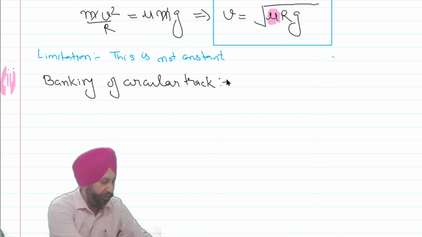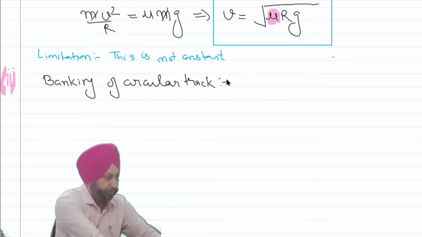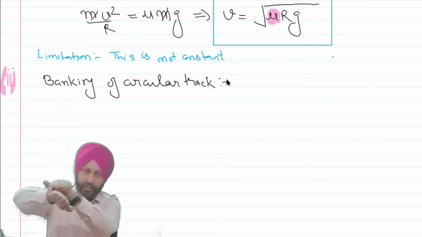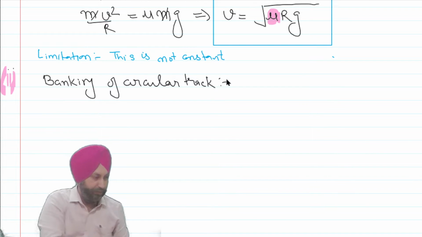Amrit, do you know what banking of circular track means? Sir, the road is changed a little. Yes, the outer edge of the road is taken up with reference to the inner edge.